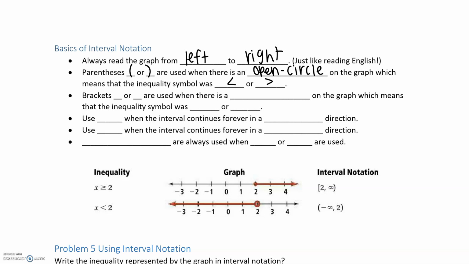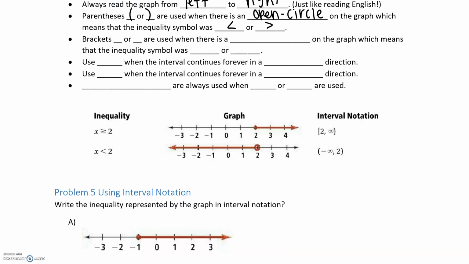And we are going to use brackets. They kind of look like boxes. Okay, they're used for when we have a closed circle on the graph. Okay, which means that we have the inequality symbols of less than or equal to, greater than or equal to.